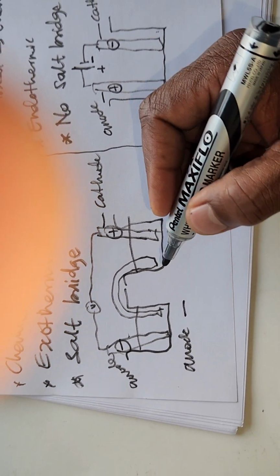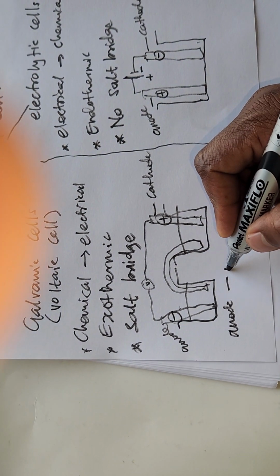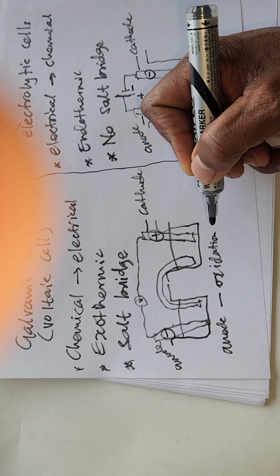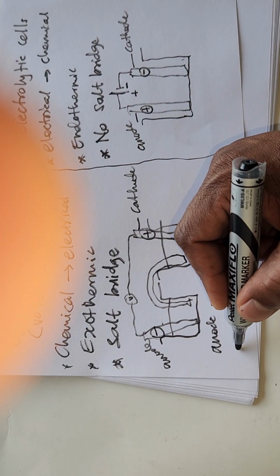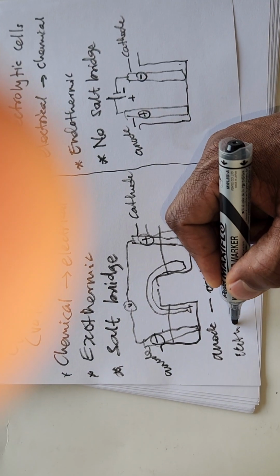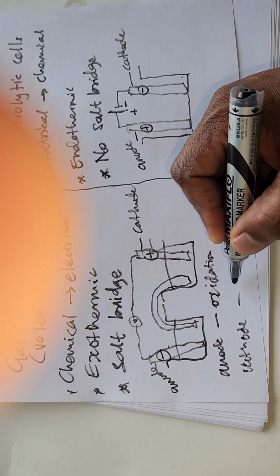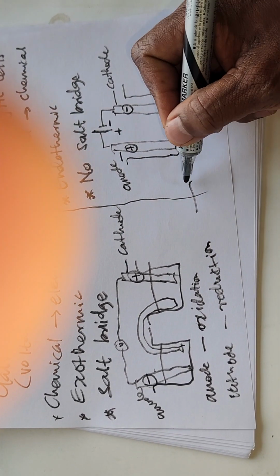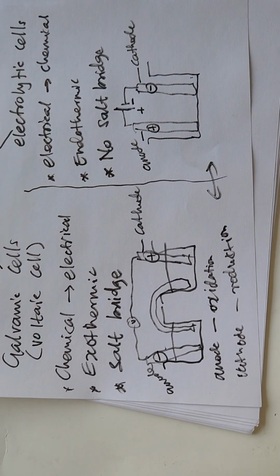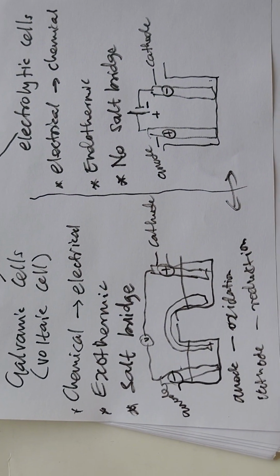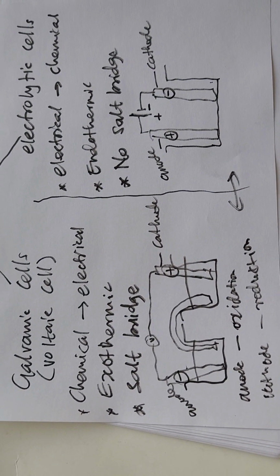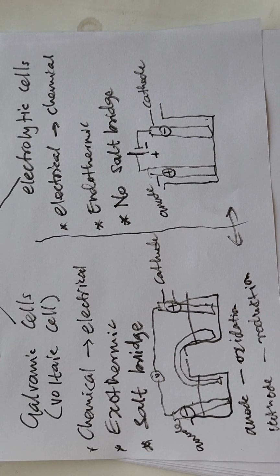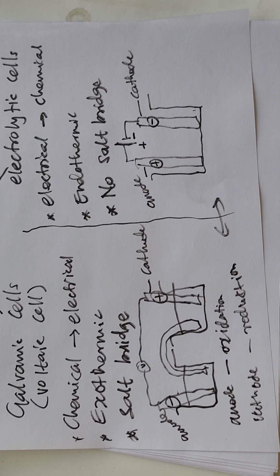That's where oxidation takes place. Oxidation is still taking place at the anode, and at the cathode, reduction is taking place. Therefore, in both cases, this is the same: at the anode of the cell, oxidation will be taking place, and at the cathode, reduction will be taking place.